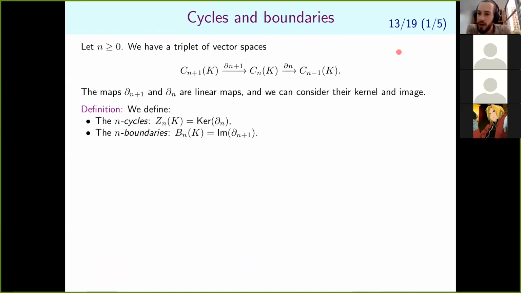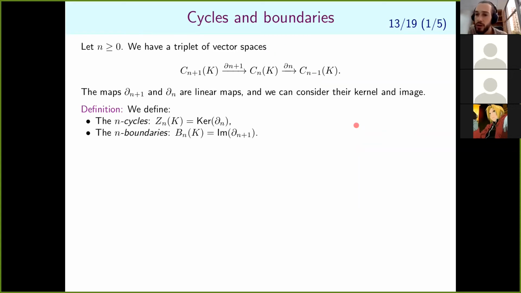So let me recap what we have. We define for any n the vector space of n chains. And we have seen that these vector spaces are connected by boundary operators. These boundary operators are linear maps. And once we have a linear map, we can consider its kernel and its image.